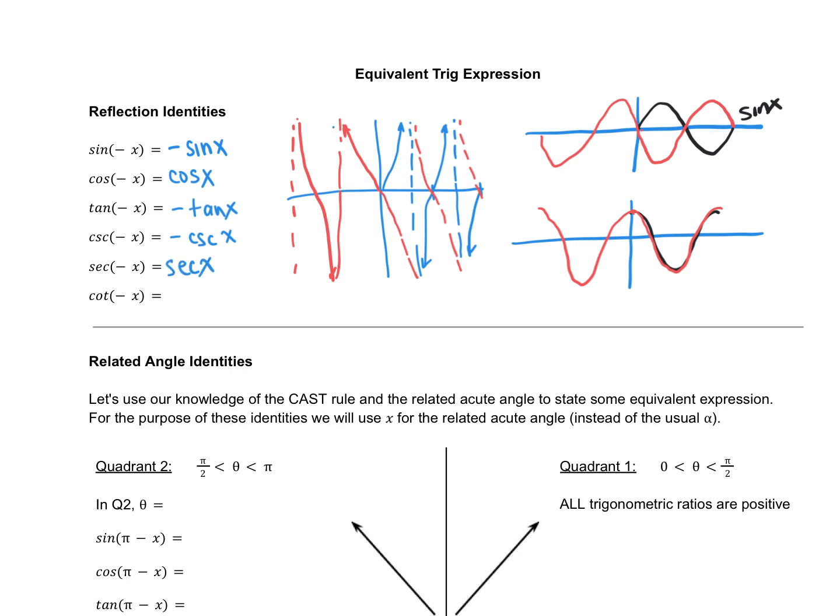It will look like the same secant graph, just like with cos. And for cotangent, a reflection over the y-axis will be the same as a reflection over the x-axis, just like we saw with tan x just now. And those are your 6 reflection identities. And these are very just visual identities, thinking about the reflections and that original base function.